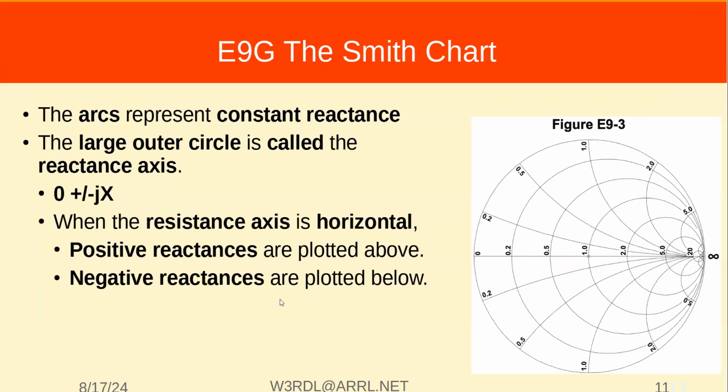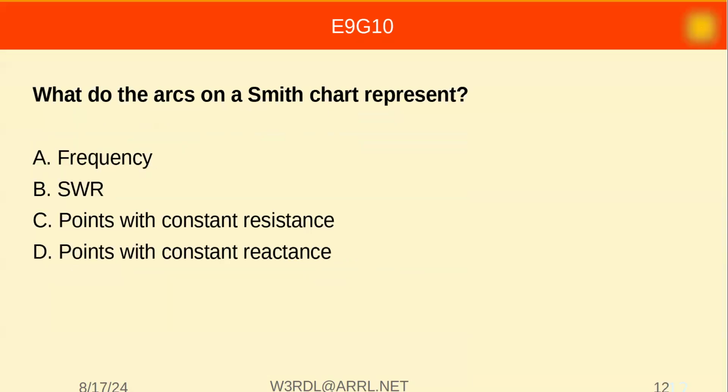The arcs represent constant reactance, and the outer circle is the reactance axis because we just proved it. Right? So when the resistance axis is horizontal, like in this picture, like it's supposed to be, positive reactances or inductive are plotted on the upper half, and negative or capacitive is plotted on the lower half of the circle.